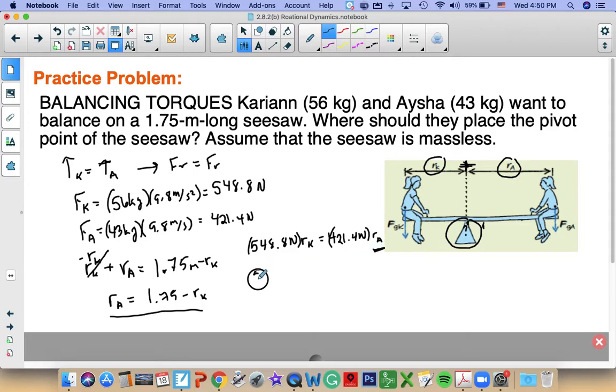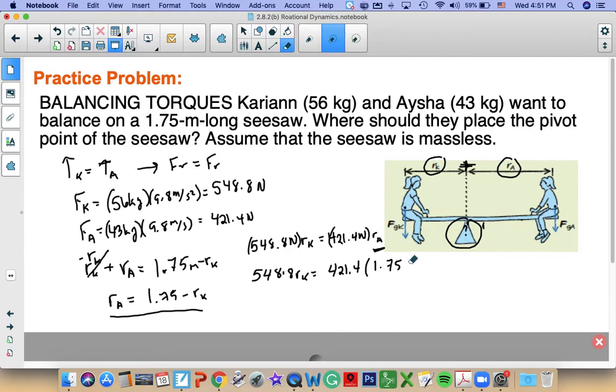So let's do that. 548.8 R sub K equals 421.4 times that equation I'm plugging in right there, 1.75 minus R sub K. Now, this is a pretty basic algebra problem. We distribute through there, and then we're going to have to solve for that variable.